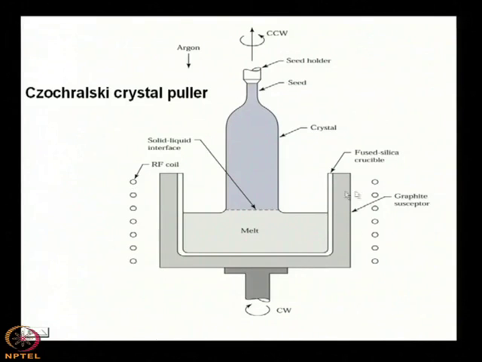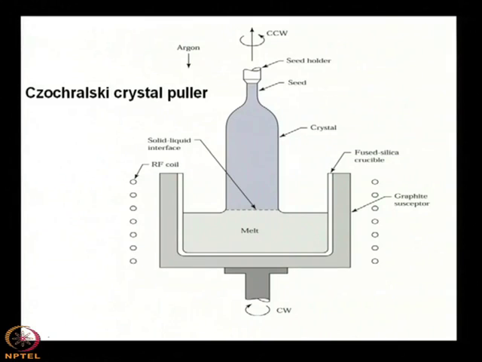So, apart from this graphite susceptor which houses the crucible, you see that there must be a heating arrangement. These dotted small circles are the RF coils, that means using some RF, radio frequency heat source, you can heat this material. Remember, how much temperature is required?